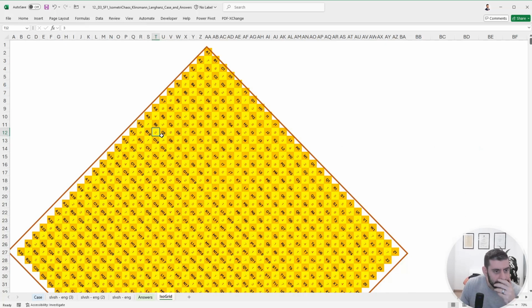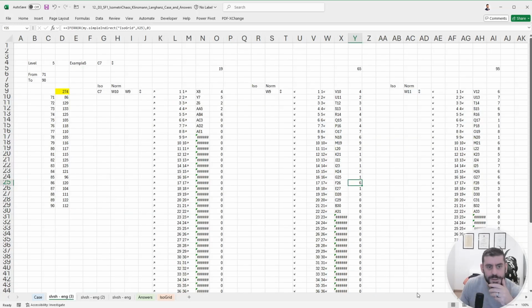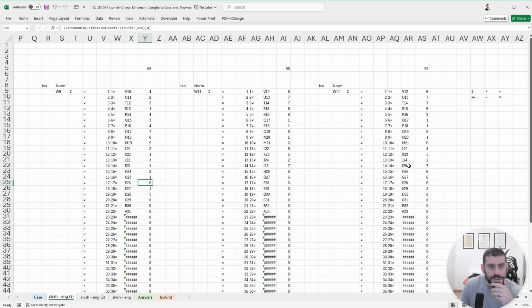And on the other side, so C7 was... Okay, understood why I probably copied. Yeah.